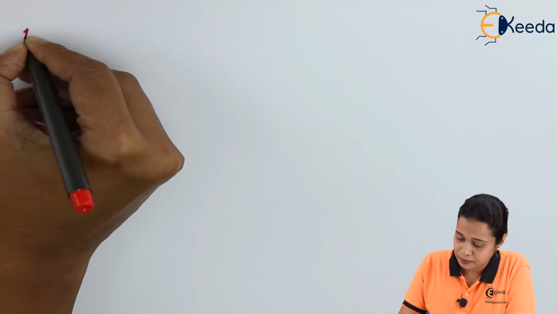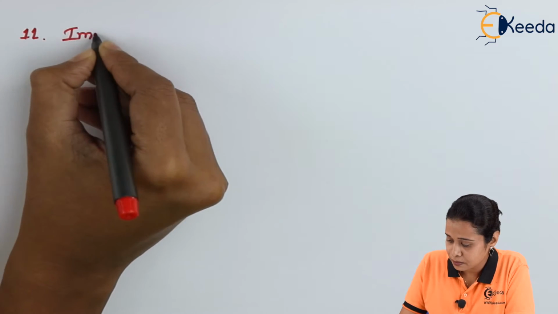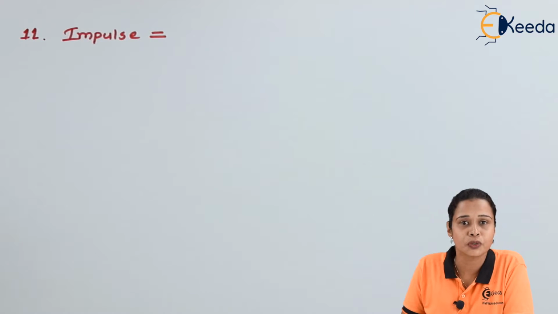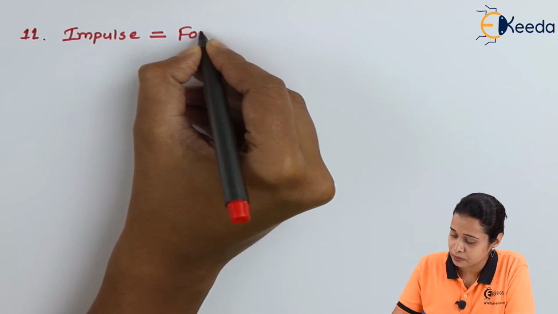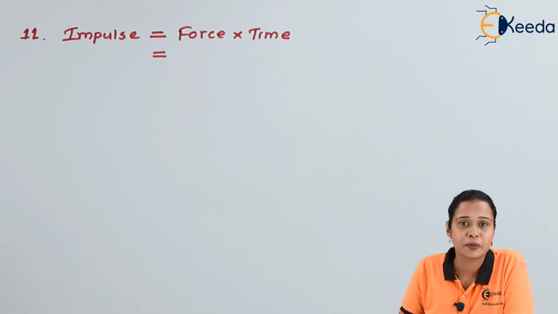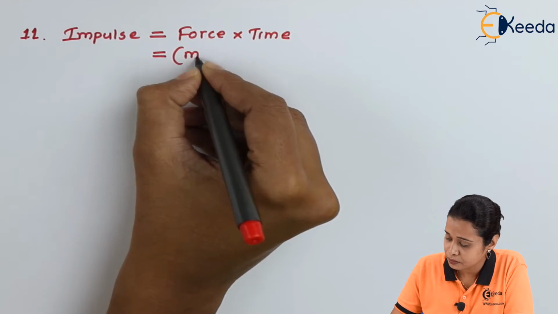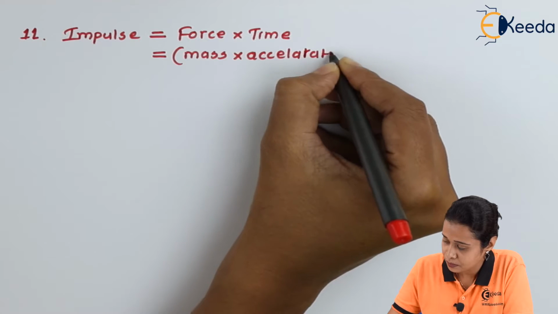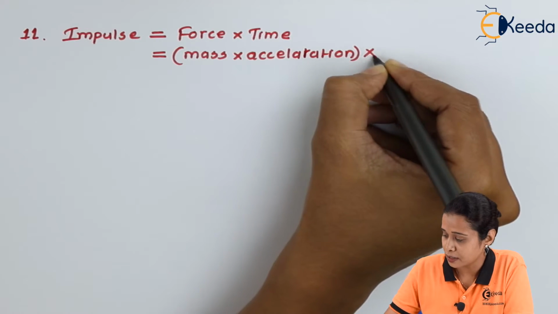Next physical quantity is the impulse. We know impulse is force into time. Force can be expressed in terms of mass into acceleration, into time.